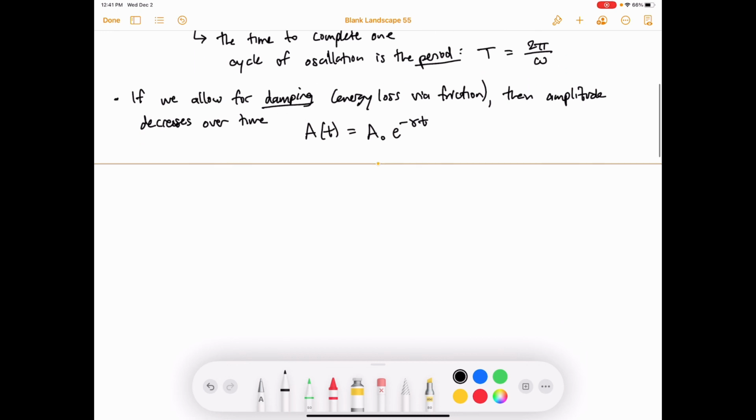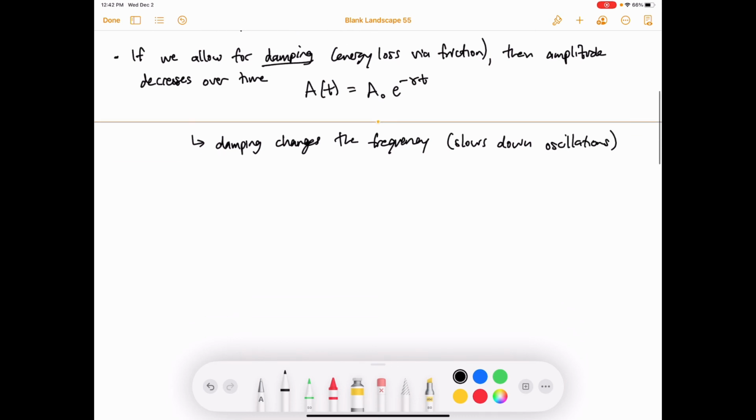Now, damping changes the frequency as well. It slows down the oscillations in general. And so the formula we derived to describe how damping changes the frequency is omega prime, that's the frequency with damping.